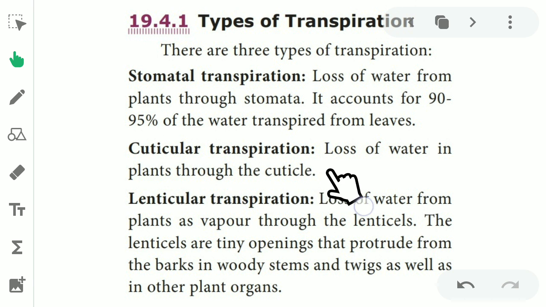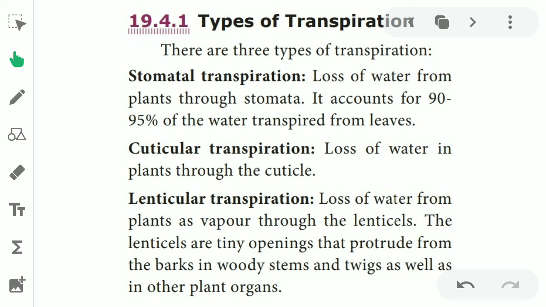Cuticular transpiration is loss of water through the cuticle. The cuticle is a waxy layer present on the plant parts, and water transpires through it; that is cuticular transpiration. Lenticular transpiration: parts other than leaves are called lenticular parts, such as bark, woody stem, twigs.